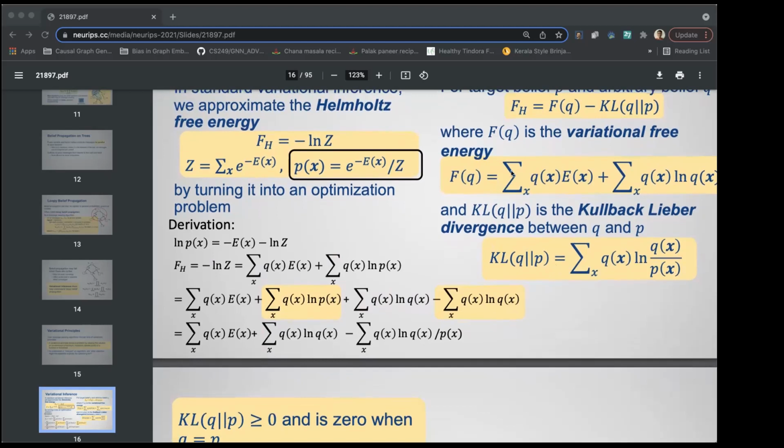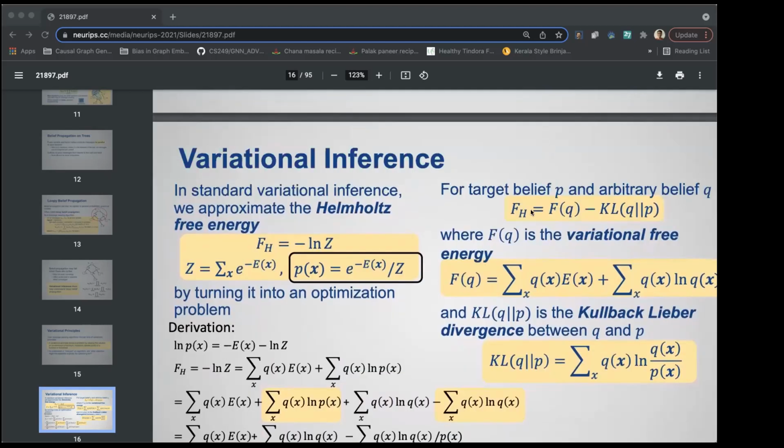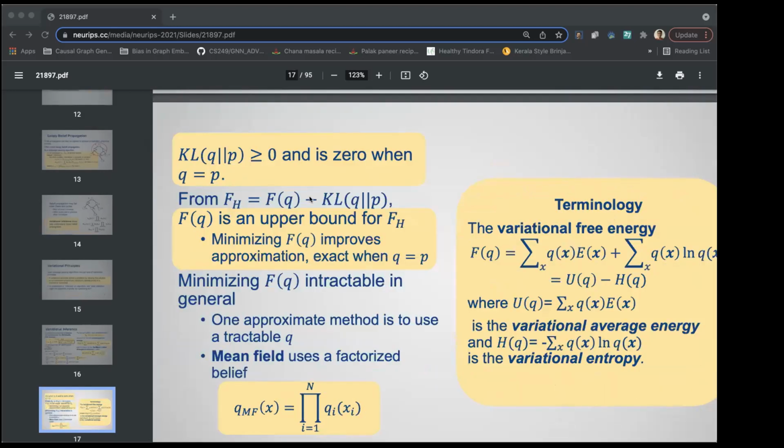So the interesting thing about this formulation of the Helmholtz free energy is that we know that the KL divergence in particular is always going to be greater than or equal to 0, and is 0 exactly when Q is equal to P. So from there, we can find that the variational free energy is an upper bound for the Helmholtz energy.